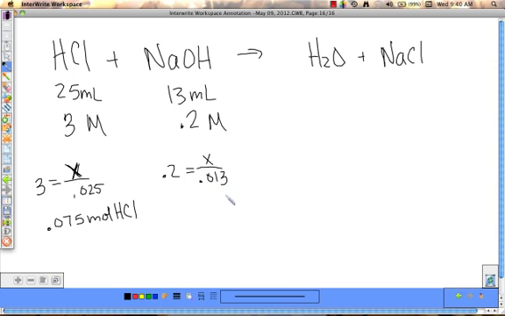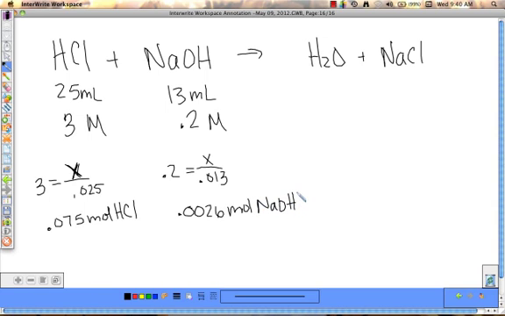Volumes in liters, but then how many moles of base do we have? 2 zeros? Yeah. So which one is reacted completely? So we have extra HCl.